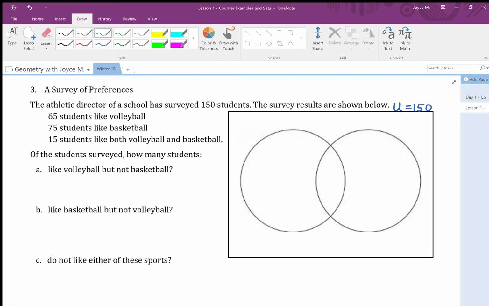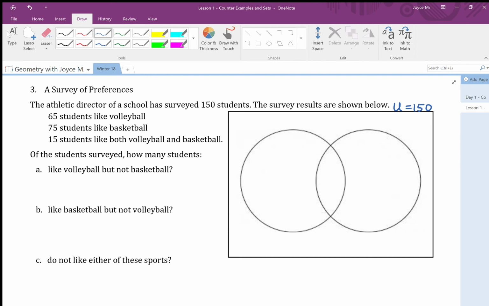The survey results are shown below. It says 65 students like volleyball, 75 students like basketball, and 15 students like both volleyball and basketball. Now the question asks, of the students surveyed, how many like volleyball but not basketball, like basketball but not volleyball, and like neither of those sports? To do this question, it's easy to use a Venn diagram.